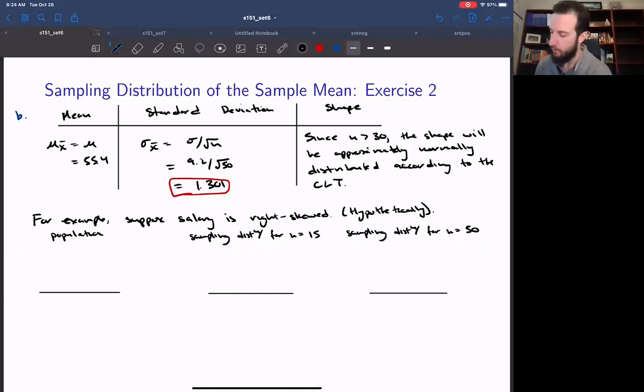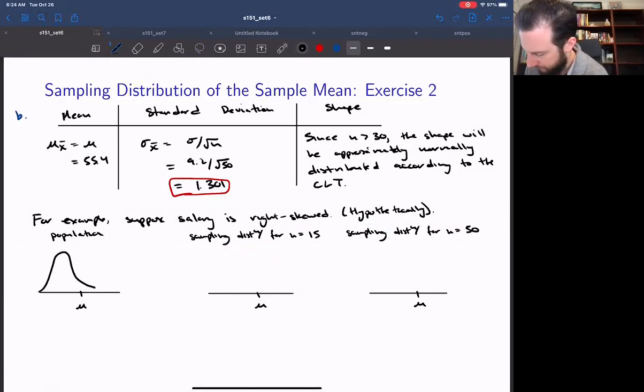Okay, so we're going to put the mean in the center of each of these axes. All right. So the population is going to look something like this, right? So we clearly have, let's say hypothetically, this right skewed distribution.